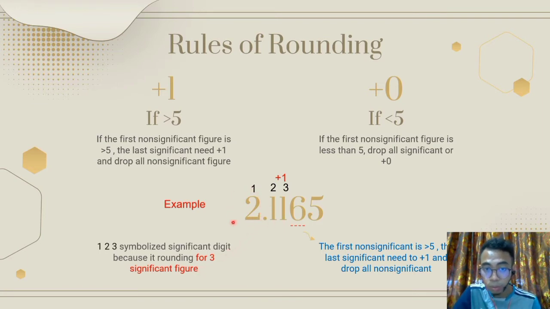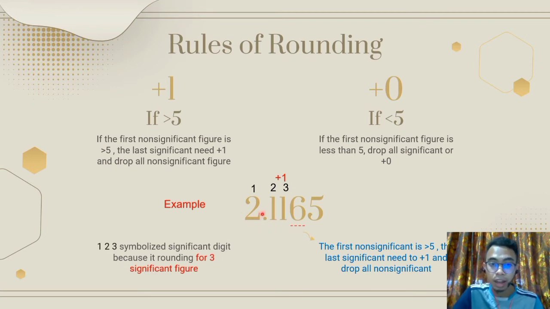The number two becomes the first significant figure, the number one becomes the second significant figure, and the one here becomes the third significant figure. After three significant figures, the rest become non-significant figures. So the number six becomes the first non-significant figure.